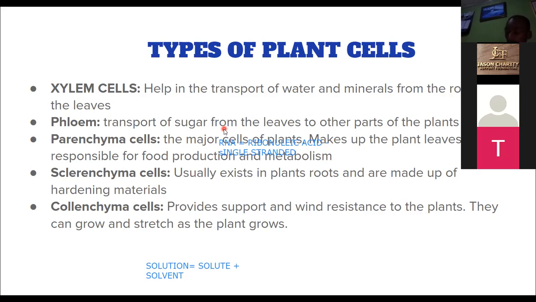When these sugars are being produced, that's what the plant makes use of. Now, from that point of sugar production to its usefulness, the part of the cell that helps to transport that sugar from the leaves to other parts is called the phloem cell.